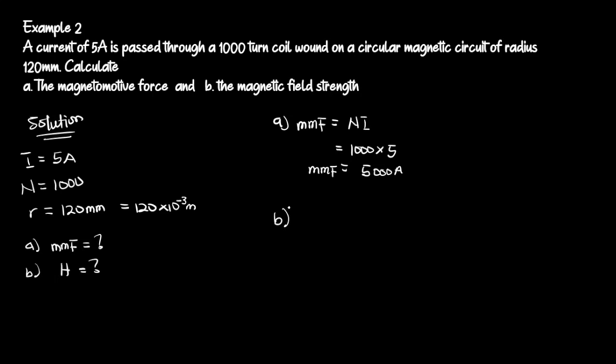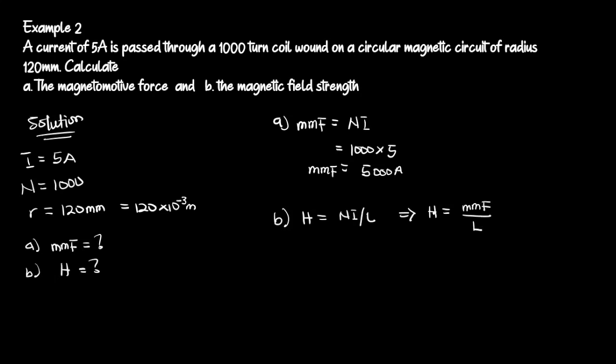All right, B, we have to find the magnetic field strength. The magnetic field strength, as we know, is Ni over L, the mean length. Already we've calculated Ni, which is the magnetomotive force, so H is equal to MMF over L. Ni we've already found to be 5000.